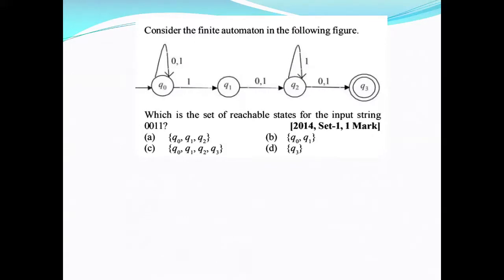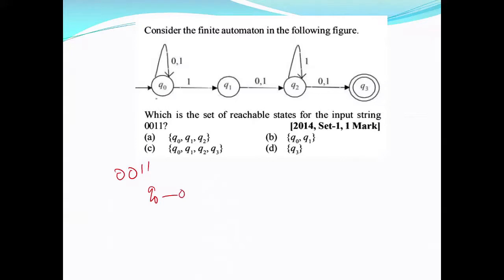Now consider the finite automata in the following figure. Which is the set of reachable states for the input string 0011? You need to work out. Start in Q0. This is an NFA. Suppose I start in Q0 and I have to work for 0011. So Q0 on 0.